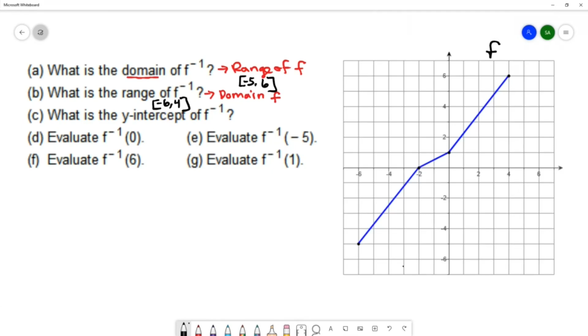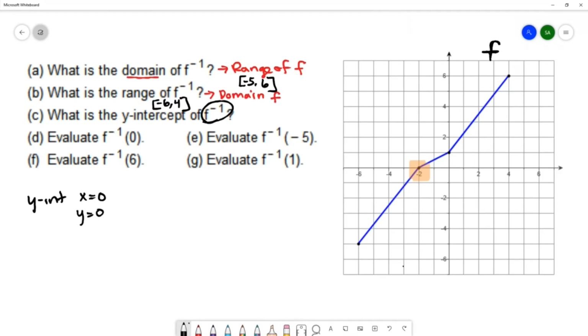And the next thing that we're looking for is the y-intercept of the inverse. So typically when we're looking for a y-intercept, we let x equal 0. However, remember that our graph represents f, but we're really interested in the inverse. The x and the y get switched, so we really want to find when y is equal to 0. So y is equal to 0 right here.